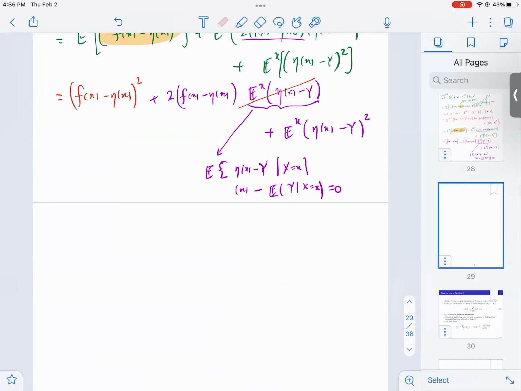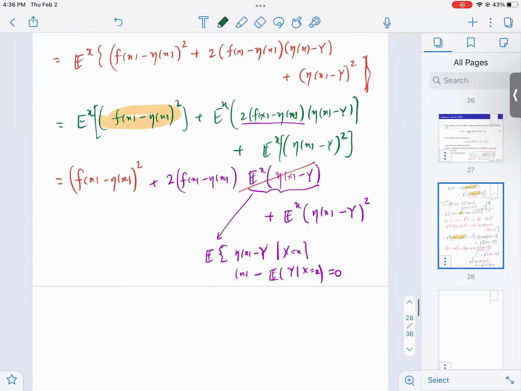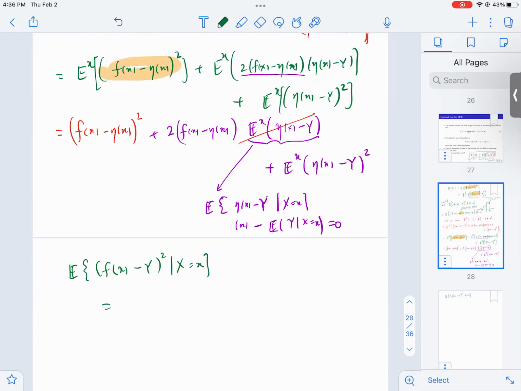So the end result is, if I write from the top, the expectation of this conditional thing that I was looking at, f of x minus y squared, this is my quadratic loss conditional on x. This is going to be the first term, which is f of x minus eta x squared. That's this term.